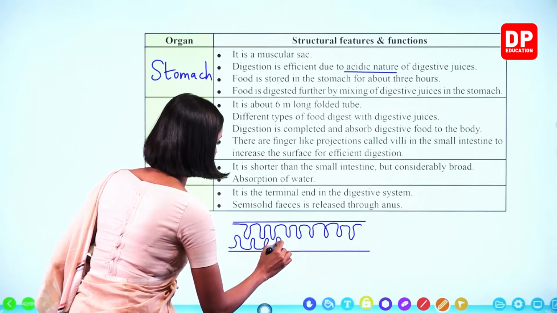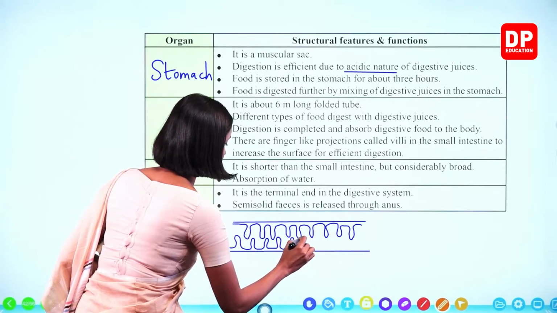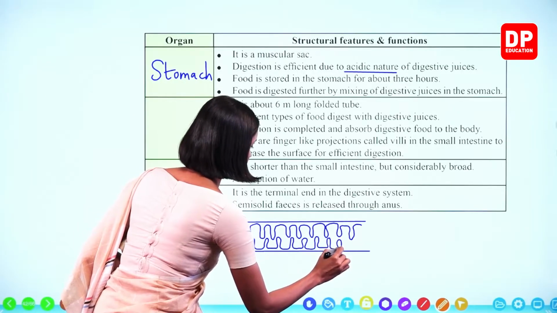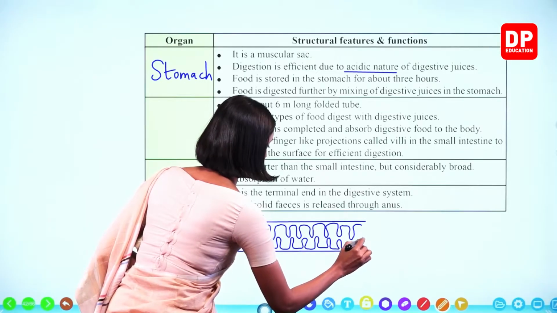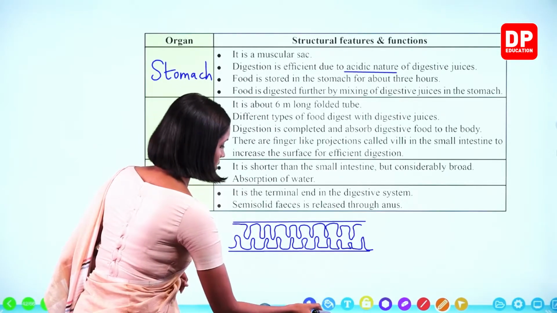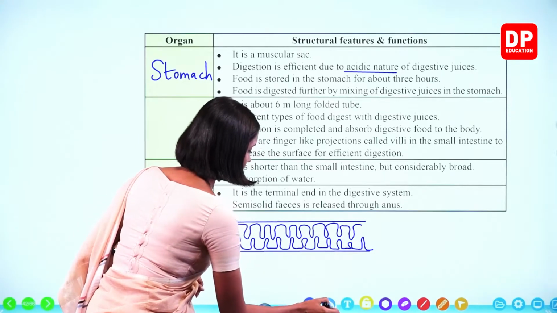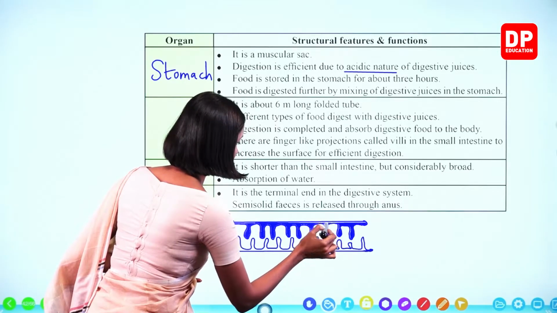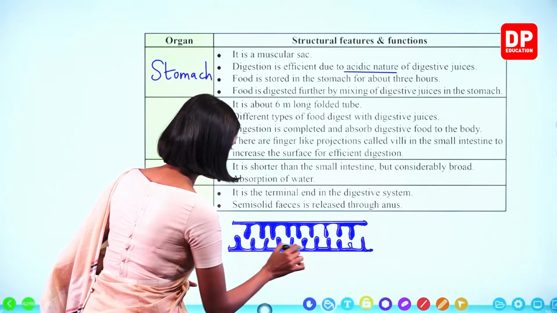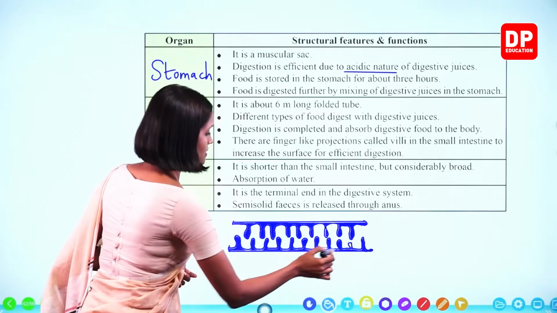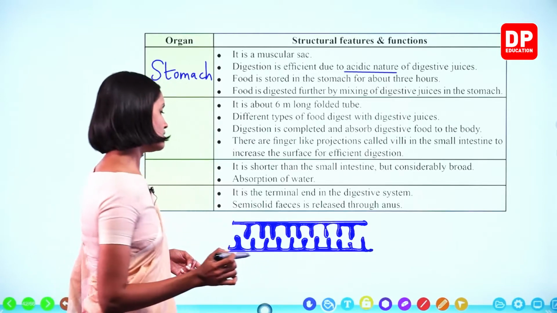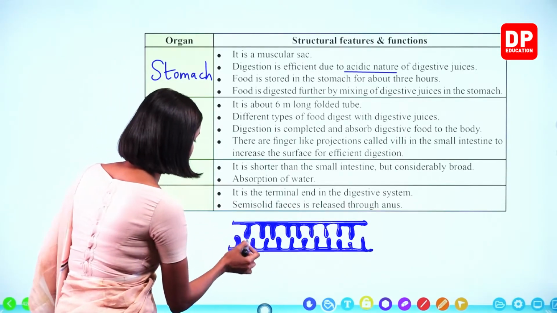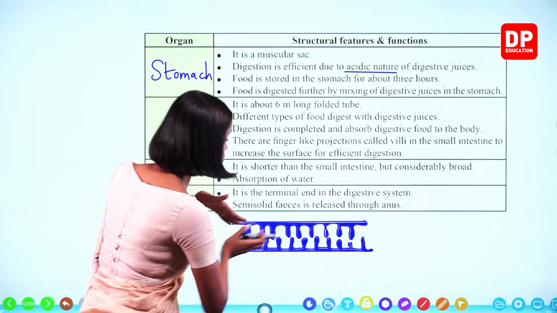This type of structure is known as villus. Okay, children, so we can consider this is the wall of the small intestine. This white color part is where the food goes through.